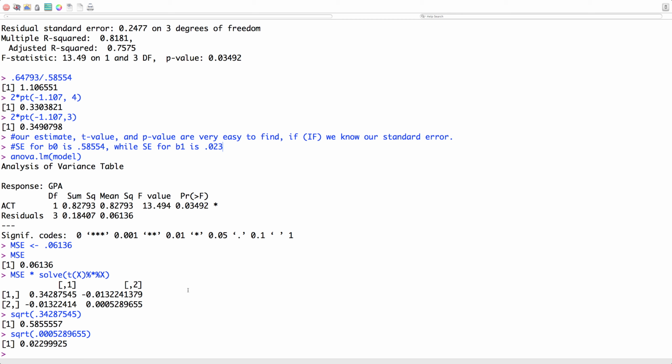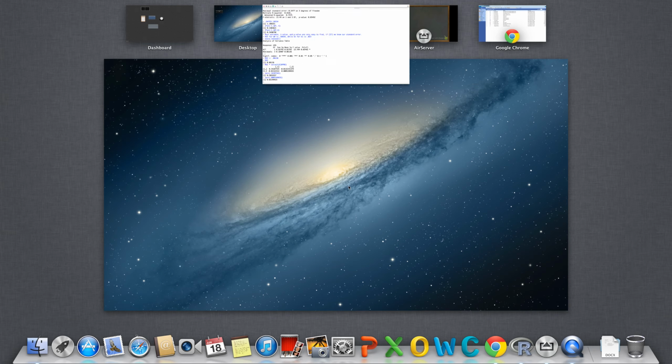So the variance covariance matrix that we saw on the previous chalkboard is where we get our standard errors. So it's really helpful. Actually, it's more than helpful. It's influential in finding the test statistic and the p-value.